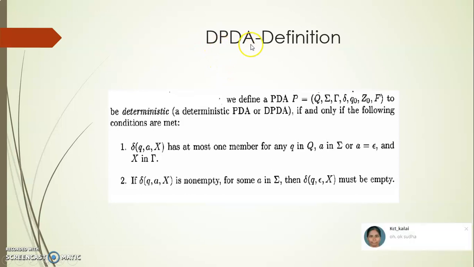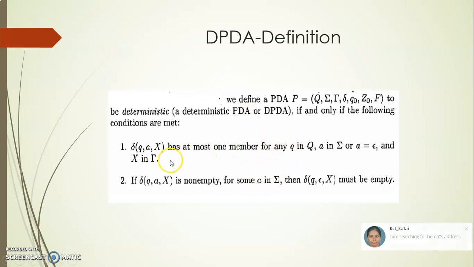Deterministic push-down automaton has the acronym DPDA. A PDA P with the seven components Q, sigma, capital gamma, delta, q naught, Z naught, F is said to be a deterministic push-down automaton if and only if the following conditions are met.